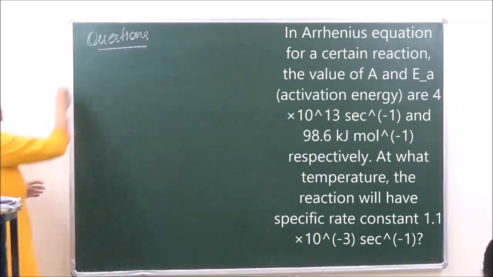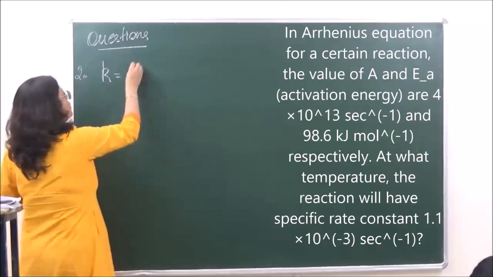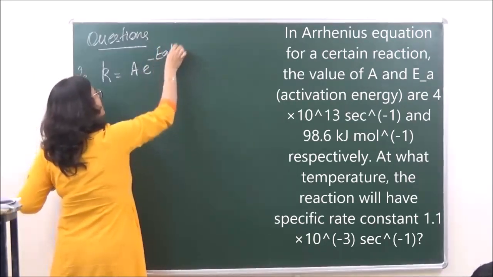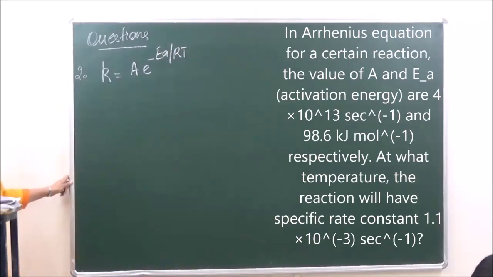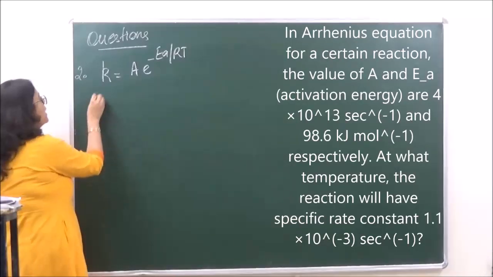Okay. Now again, according to the Arrhenius equation, K is equal to A exponential minus EA upon RT. Okay, and by putting log on both sides, what will we get?